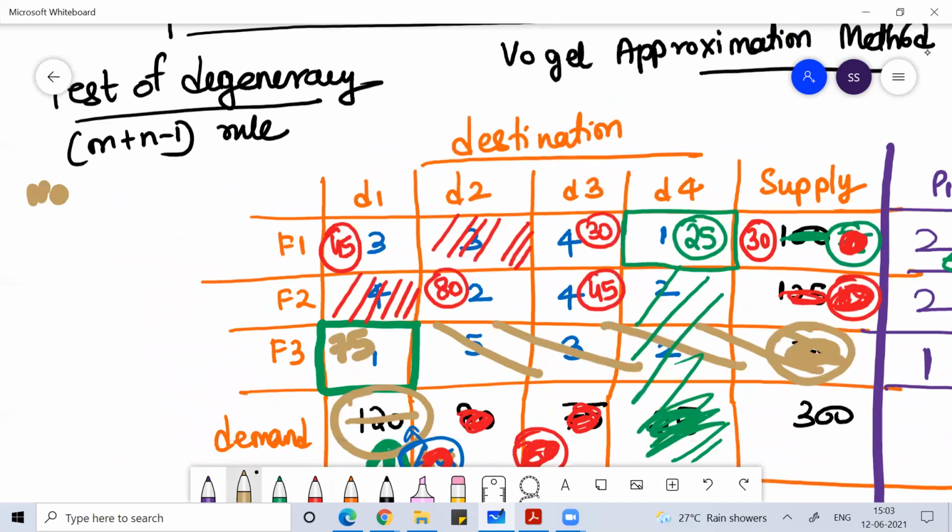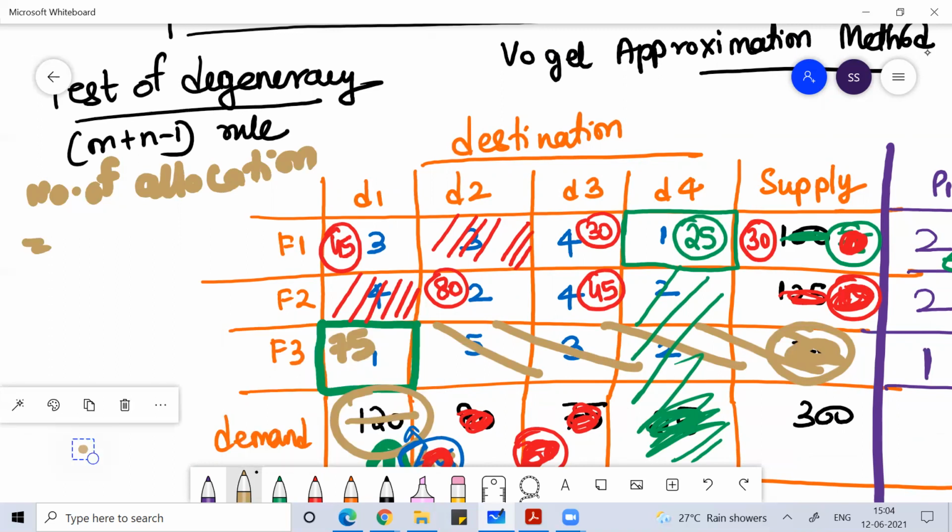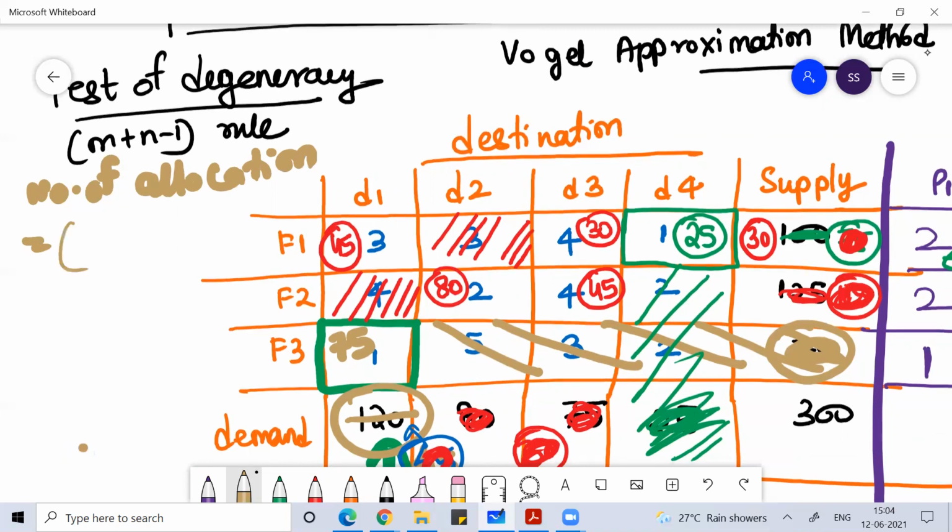The number of allocations will be equal to the number of rows plus columns minus 1. With 3 rows and 4 columns, 3 plus 4 minus 1, there should be 6 allocations. You can count 1, 2, 3, 4, 5, 6.